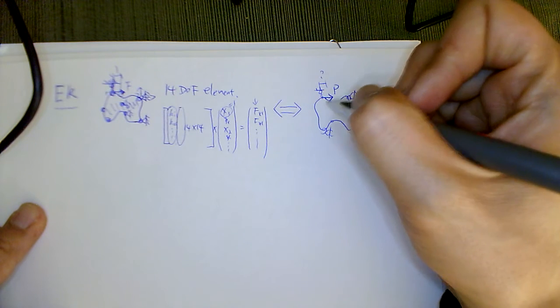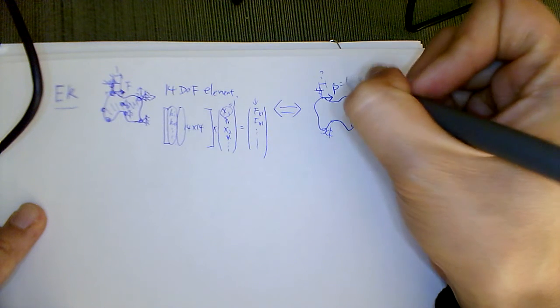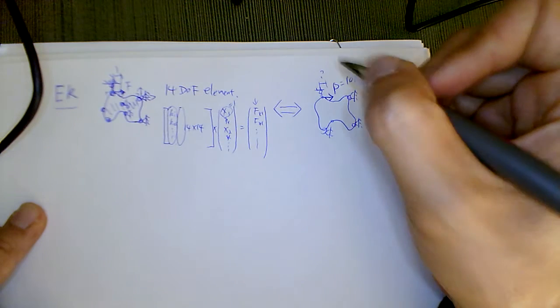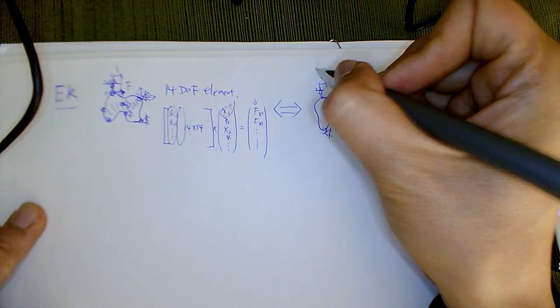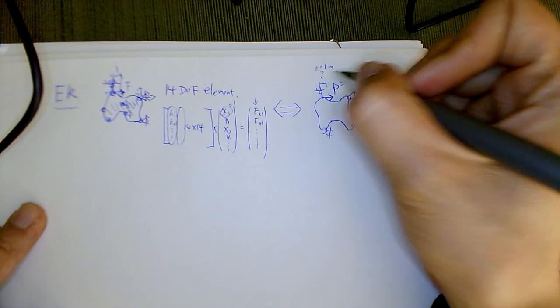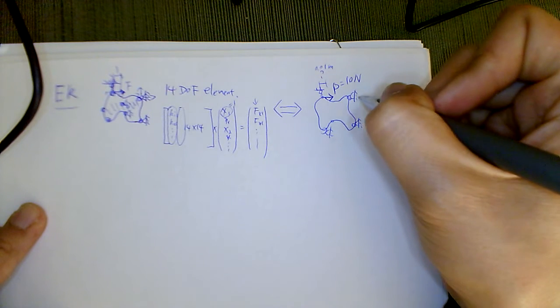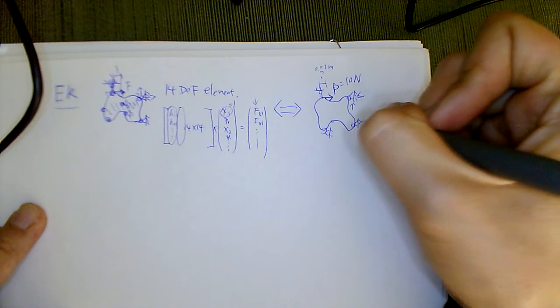Because this thing is supposed to be linear, if P equals 10 pounds or 10 Newtons and you find that it moves 0.01 meter, then if you want 1 meter, you just magnify it by 100 times. That's easy. And also the reactions.